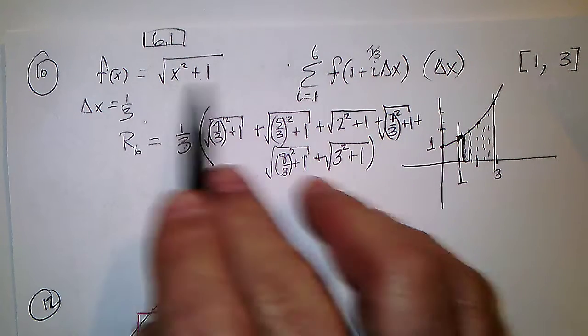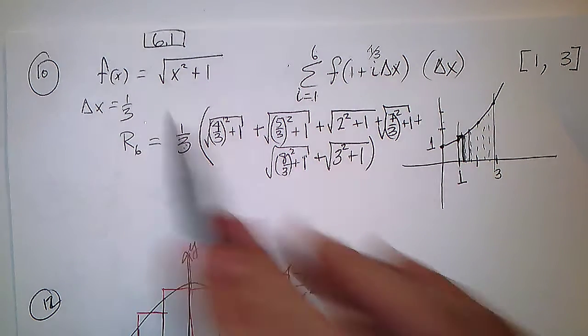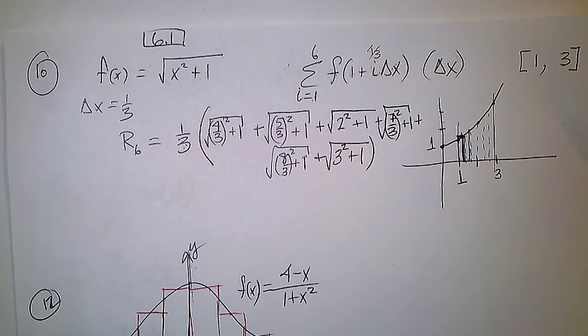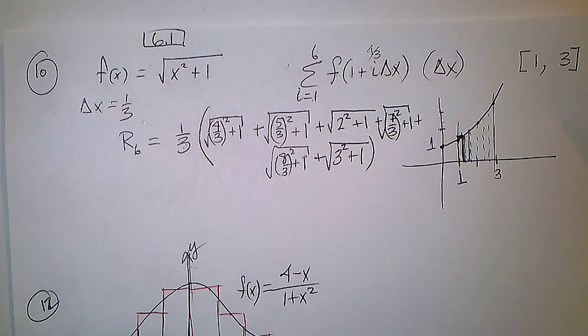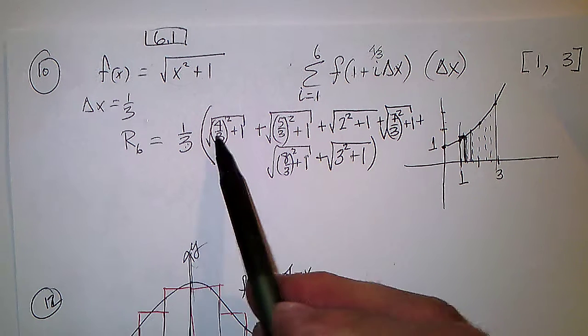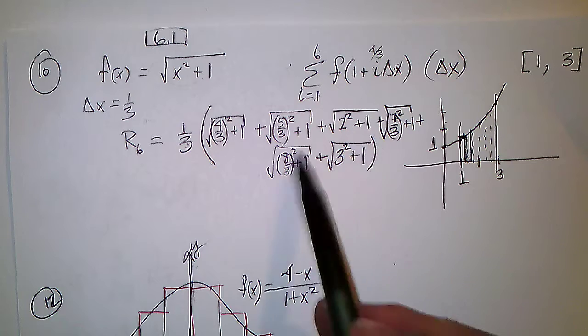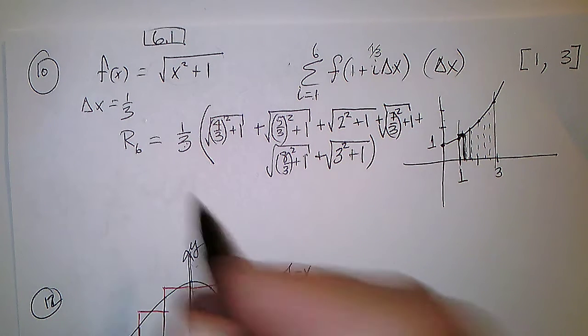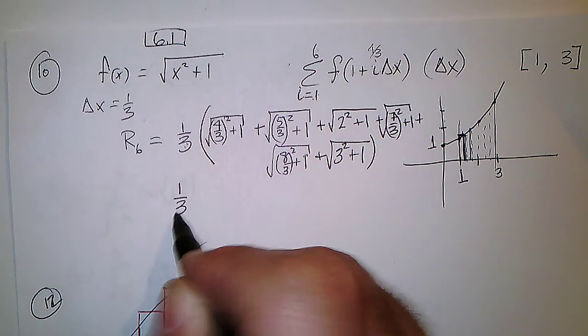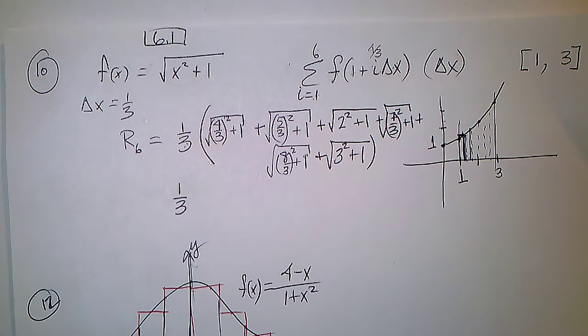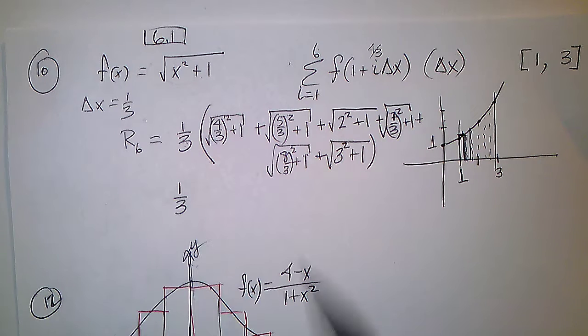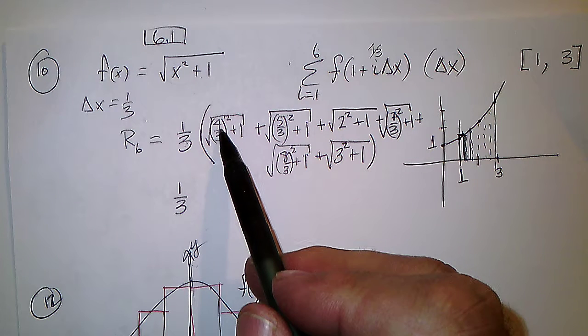So I put each of these numbers into f. And that's what it looks like. Now it's just a matter of calculating that out. You can type each one of these into the calculator, figure out each of these values, and take it times 1/3. I don't have my calculator here. If I had my calculator here, I'd put in a table.